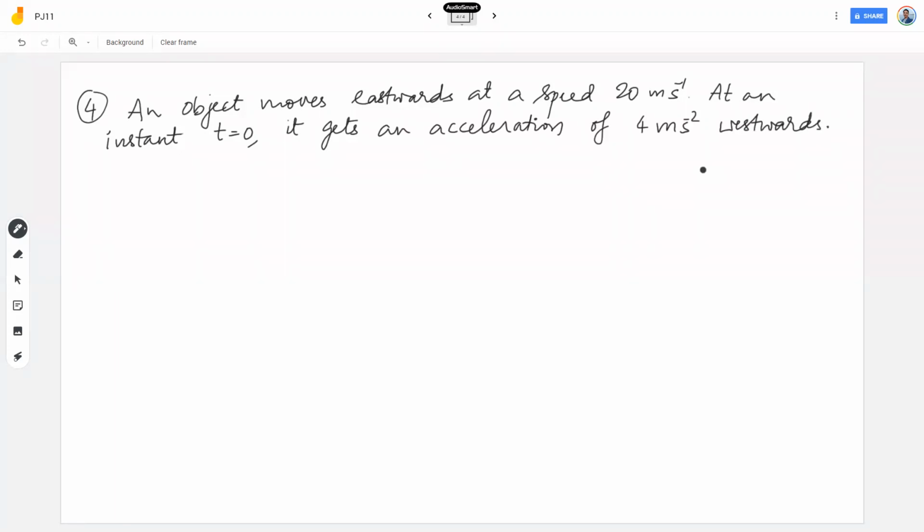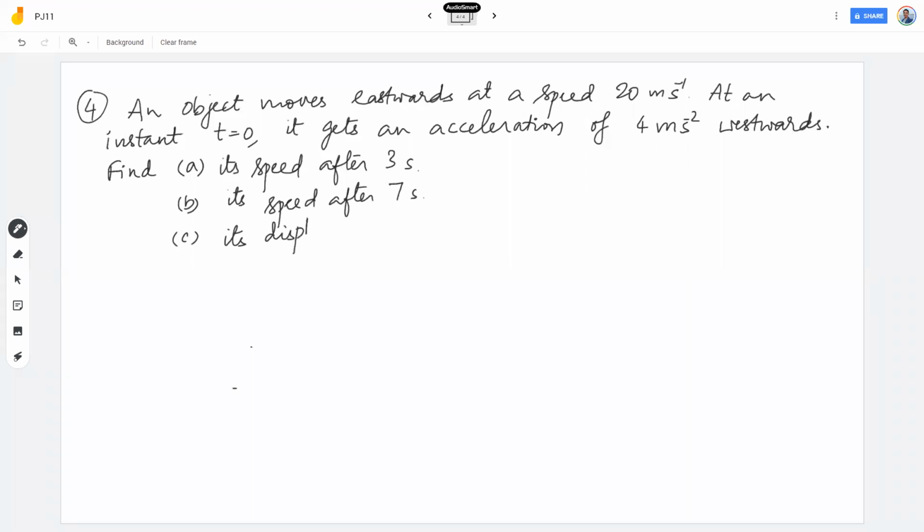Okay. Find question A: its speed after 3 seconds. Its speed after 7 seconds.